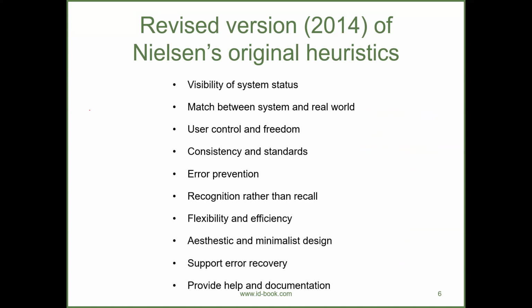heuristic. The fourth one, so we have talked about visibility, we have talked about match between the system and the real world, and the third one as user control and freedom. Now there is something called consistency. There are two types of consistency: internal and external. For example, external consistency is where all the apps or all the websites use the same kind of symbol.